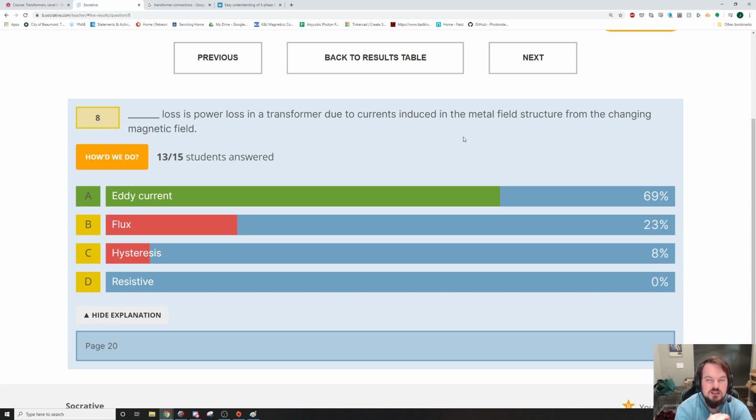It's related to skin effect, which is the higher your frequency. All this is frequency dependent. The higher your frequency, the more your electrons are pushed towards the outside of the conductor. That's why we use stranded conductors a lot.